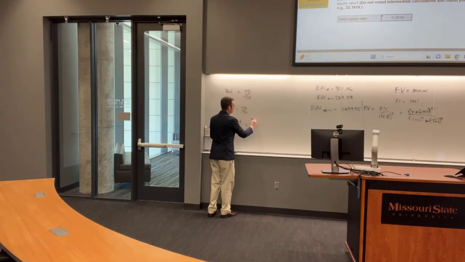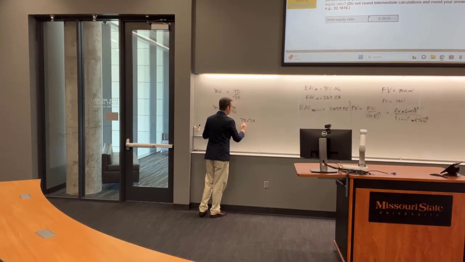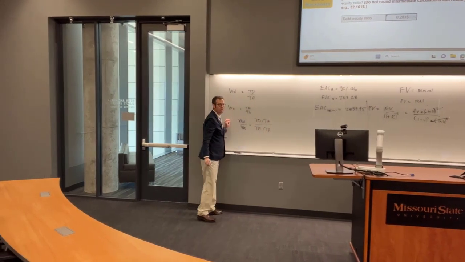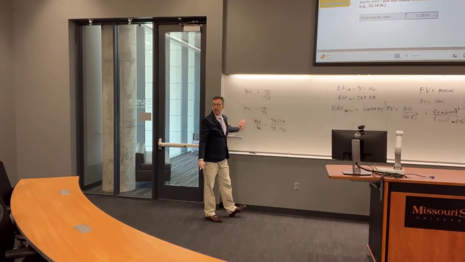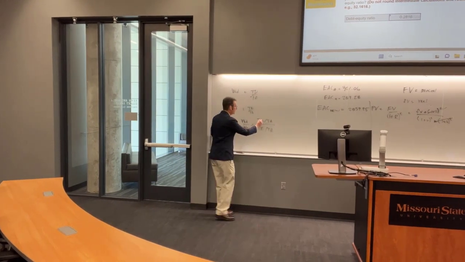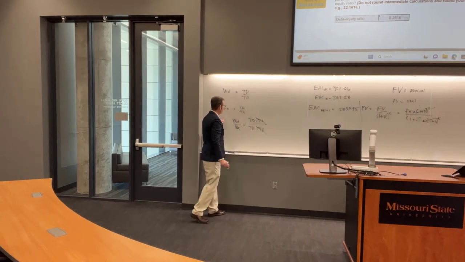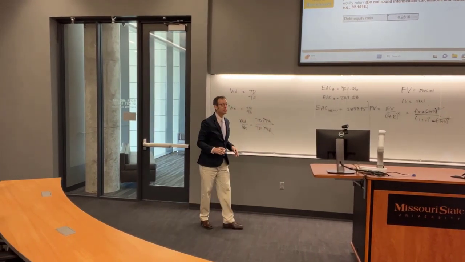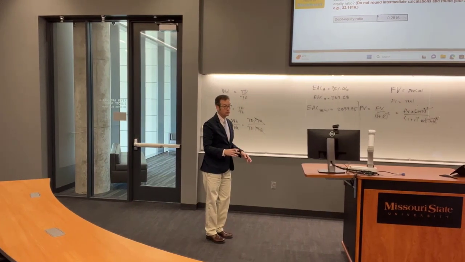I get TD divided by TA over TE divided by TA. What happens to the TAs? They cancel out. And what does that mean? It means that the ratio of those two weights is your debt to equity ratio.